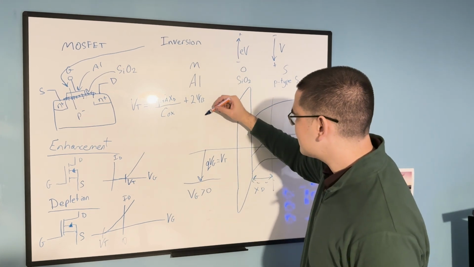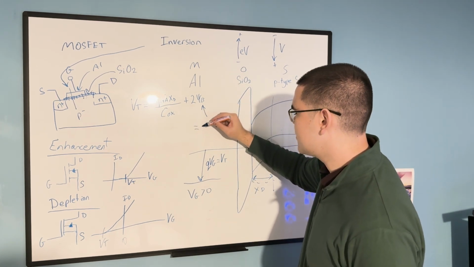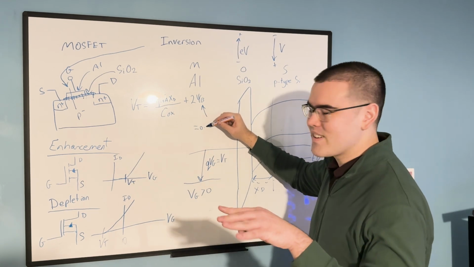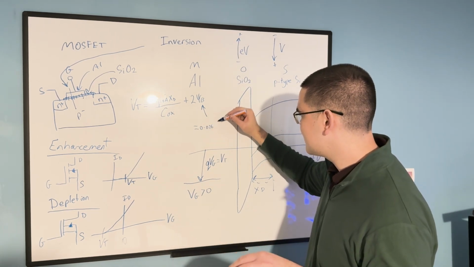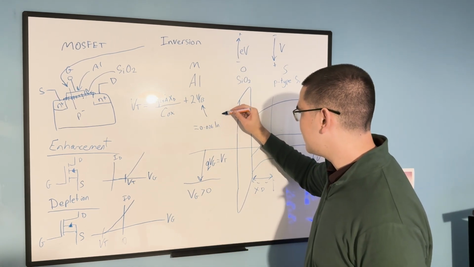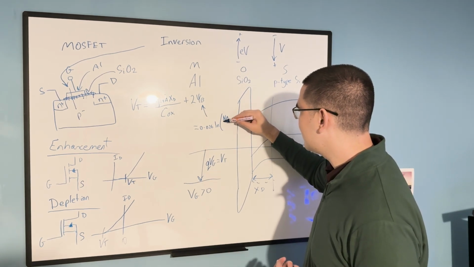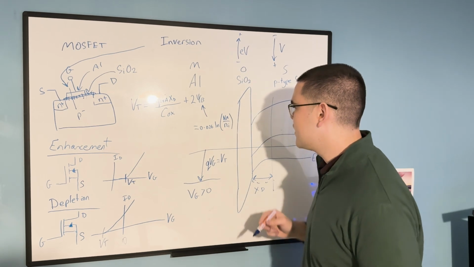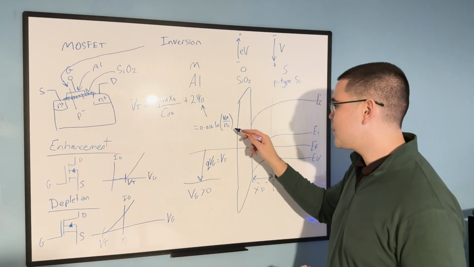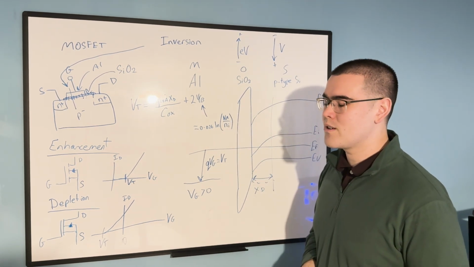So how to get this is equal to roughly 0.026 natural log, for the n-channel case, Na divided by Ni. So acceptor concentration divided by the intrinsic concentration of your semiconductor.